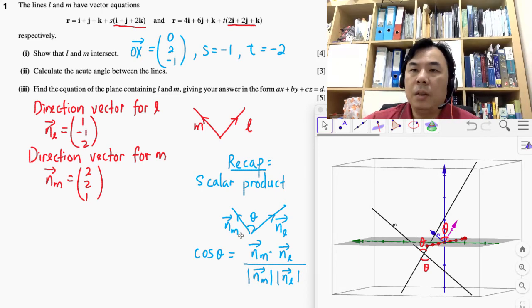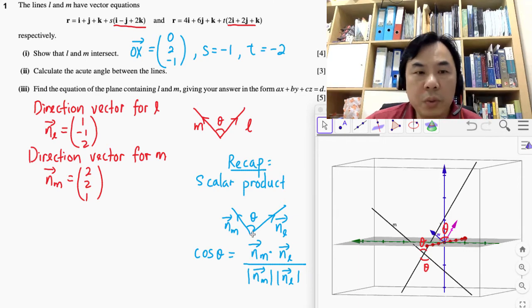I hope that is clear. This diagram and this diagram are exactly the same. I just redrew it for recap.